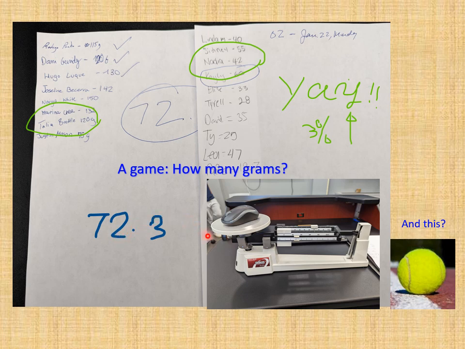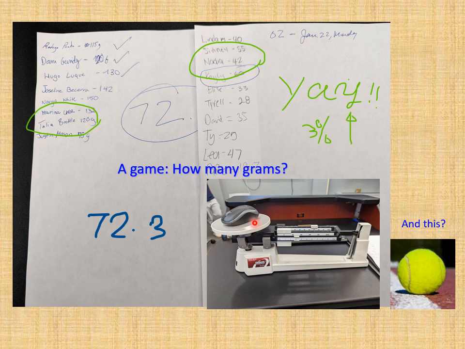At the same time, we learn how to use this scale. To use this type of scale to weigh mass, you simply slide this slider to the very left, and first you see if it's more than 100 or 200, and move the big slider to the right place.